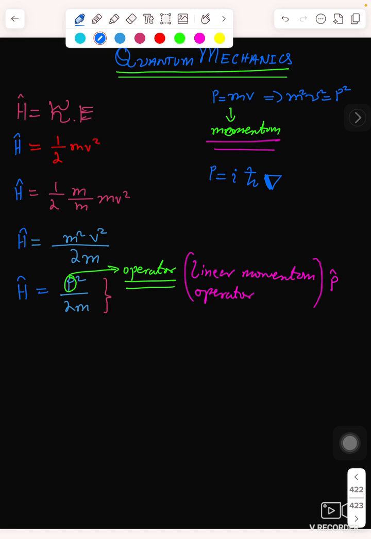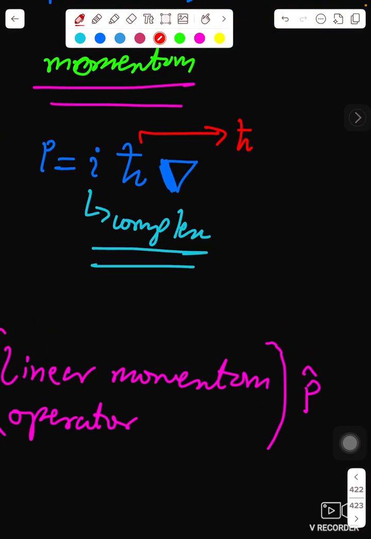I think all of us are very familiar with i, which is the complex number. And h is, sorry, let me get the h straight. It's not h, actually it's h bar. h bar is the reduced Planck's constant, which is nothing but the normal Planck's constant h divided by 2 pi.